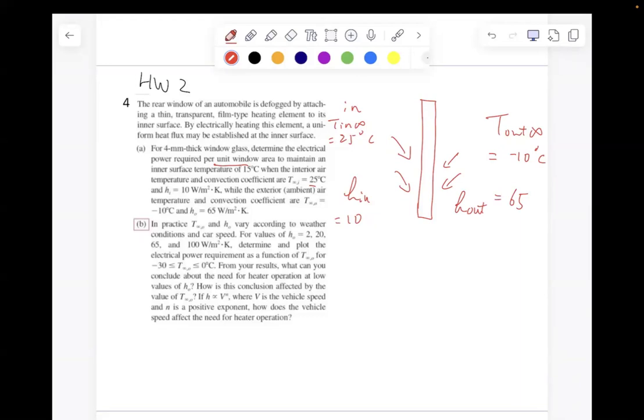So in addition to this physical diagram that I have drawn so far, this defog will be achieved by a thin, transparent heating element that is attached on the inner surface. You can imagine this inner surface, which I used red color to draw, but now I just change it to black color. So this will be the heating unit.